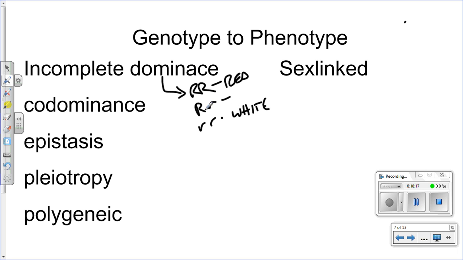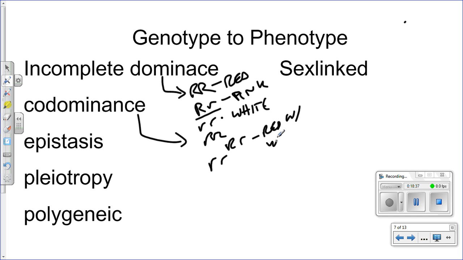But in incomplete dominance, we actually get another phenotype from the heterozygote, and we get pink, an intermediate between the two. In contrast to codominance, where big R is still red, little r is still white, and the heterozygote would be red with white spots. Okay, so that would be codominance.